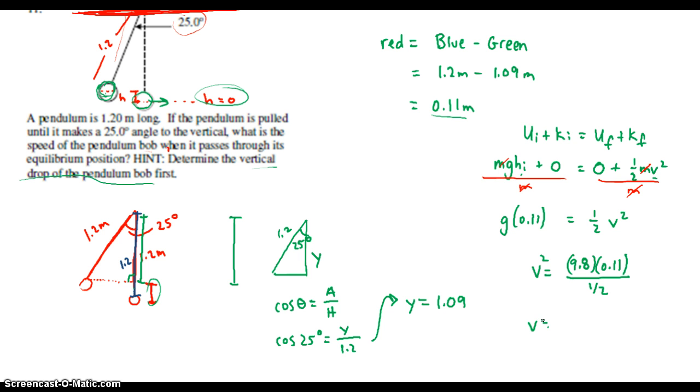And if I want to find v, I have to take the square root of that. We find it to be 1.5 meters per second.